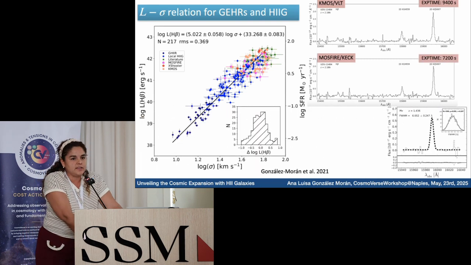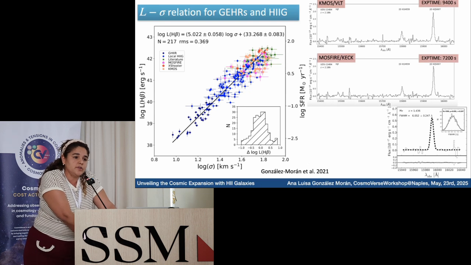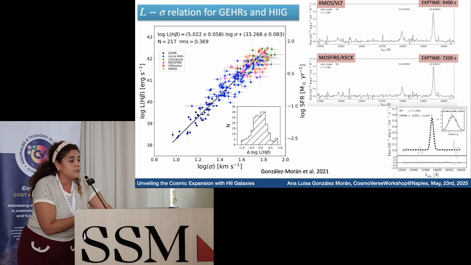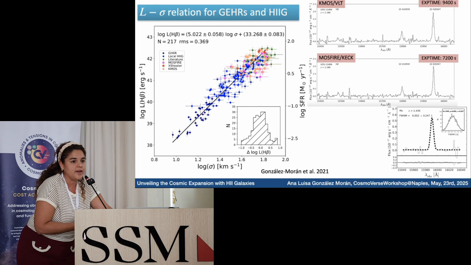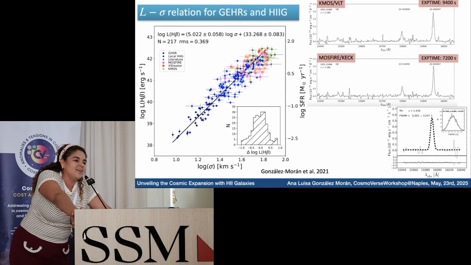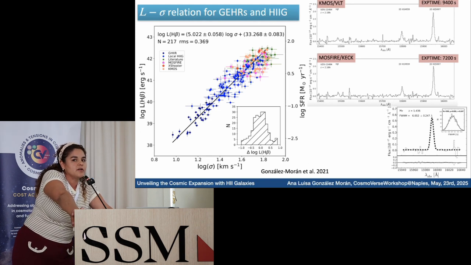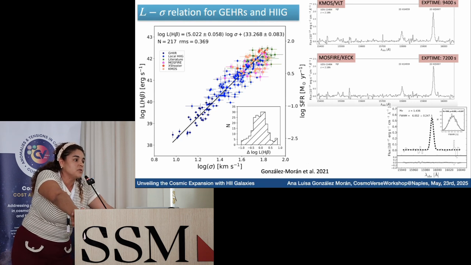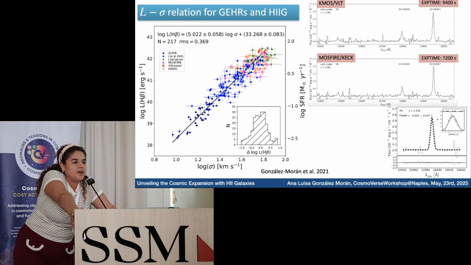And this is the profile that we are observing. This is a target at redshift 1.5. This is the H alpha profile. Here you can see that the profile looks Gaussian, but of course, at intermediate redshift, maybe we need more spectral resolution, but this is something that we can do with what we have.